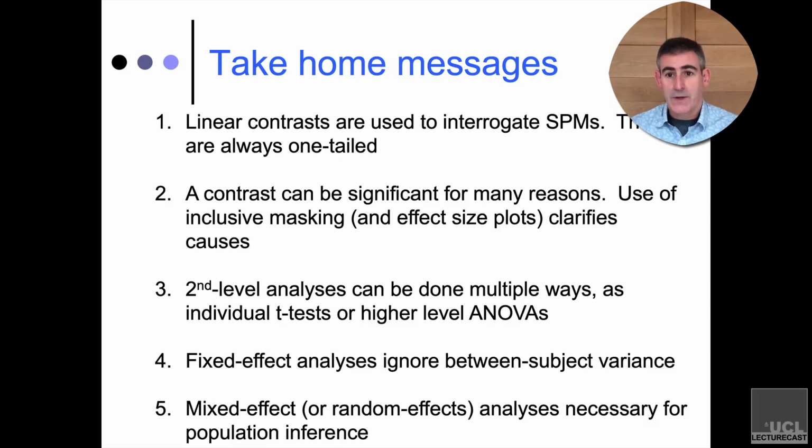So both of them are going to be relevant to you under almost all normal circumstances. If you only collect one run from participants, then you can skip that fixed effects level and jump right to the random effects analysis, and that's perfectly valid.